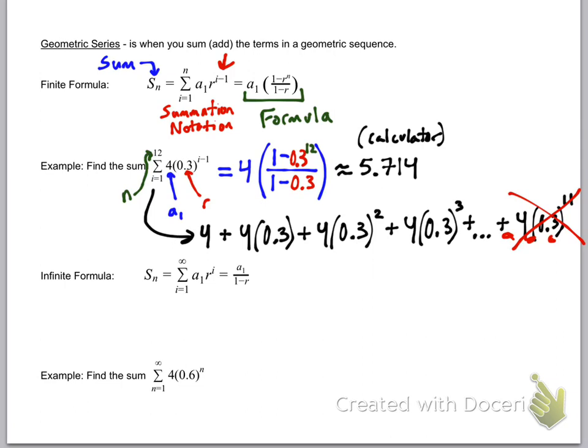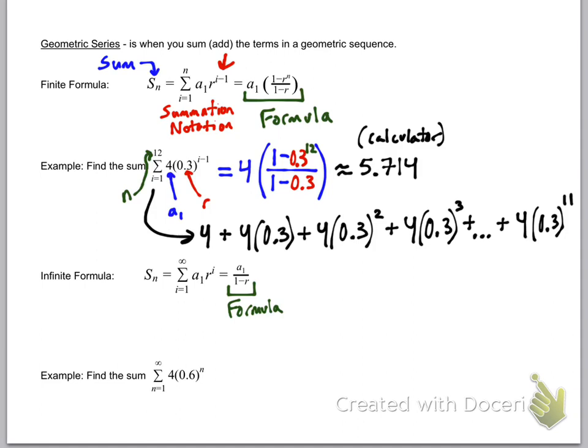In other words, it stops getting bigger and bigger, and we get a finite number. Pretty cool, huh? So the other crazy thing is, for the infinite formula, it's just a sub 1 divided by 1 minus r, which is a really, really simple looking formula, especially when a sub 1 is 1.